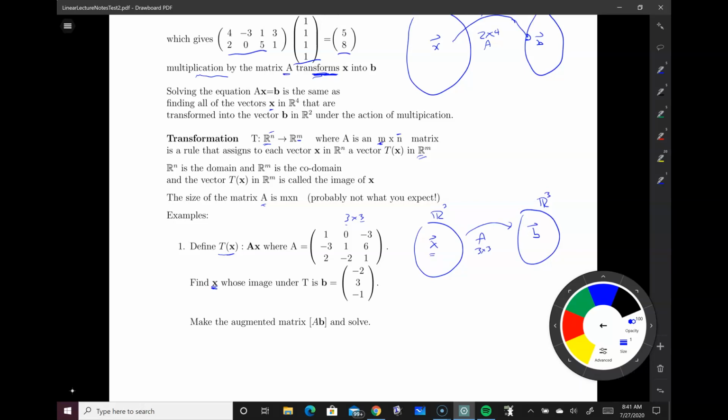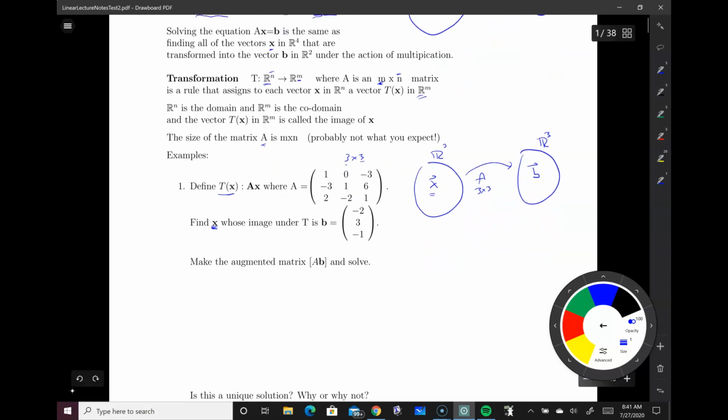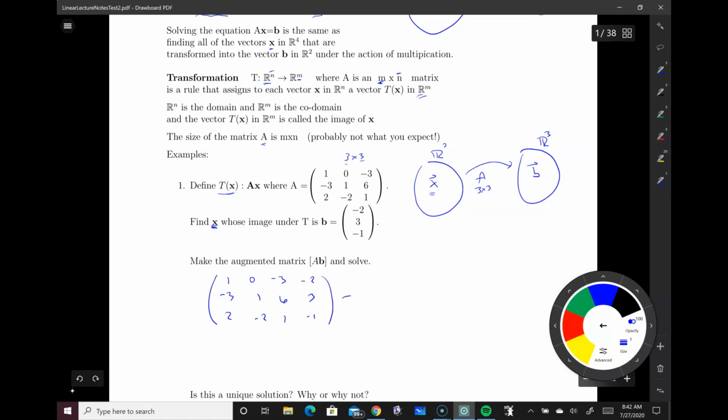So what that is asking us to do is solve the augmented matrix. So if I put the augmented matrix together, -3, 1, 6, 3, 2, -2, 1, -1. Okay, so I put this in my calculator, and I got this as an answer. All right, so what does this mean?